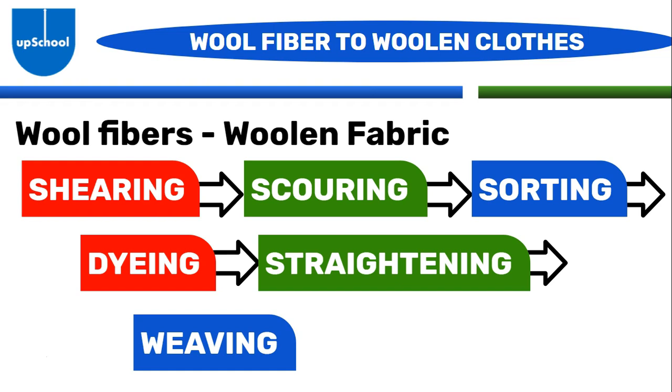That's called dyeing. Once we turn into a different color, we straighten these wool fibers, and once we straighten them, we start to weave these wool fibers into fabric. And once we create this fabric, factories begin to sell this fabric to different companies who make these fabrics into their clothes and their merchandise. So that's it. That's how you turn these wool fibers to woolen fabric.